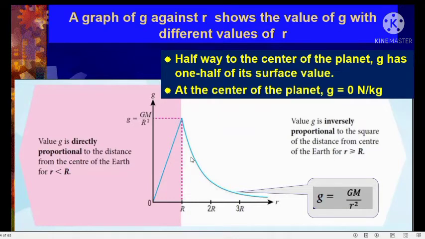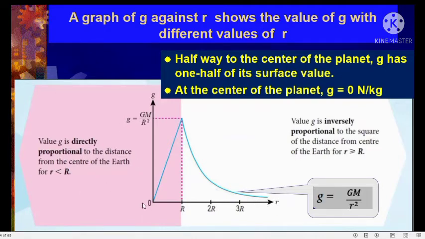So when the object is far from the Earth, the value of gravitational acceleration decreases. When you go to the moon, it becomes 1/6 as compared to the gravitational acceleration on the Earth. So this is the graph that shows how the value of g changes based on changing the value of R.